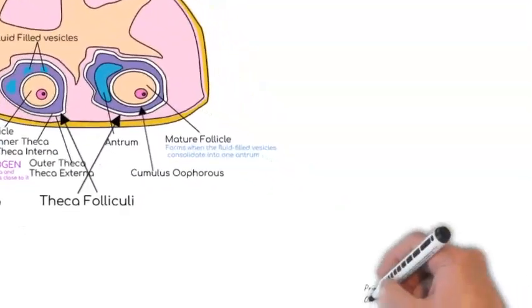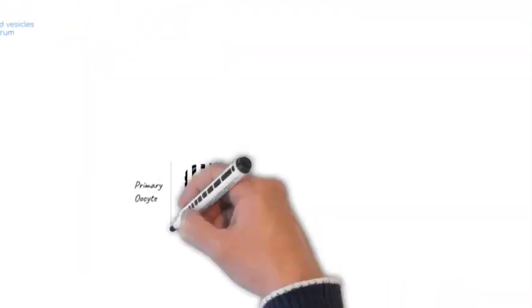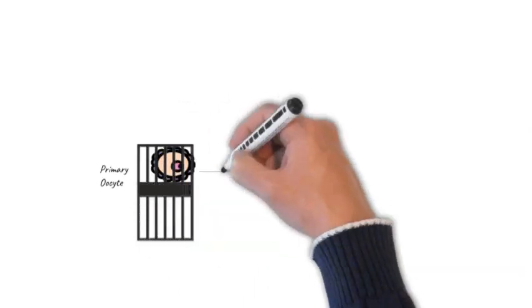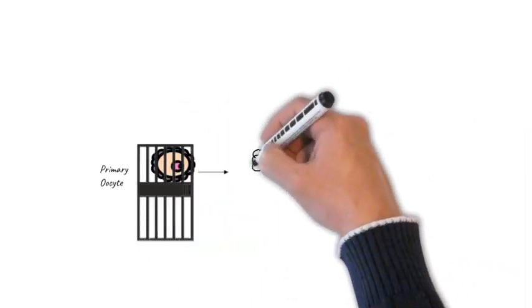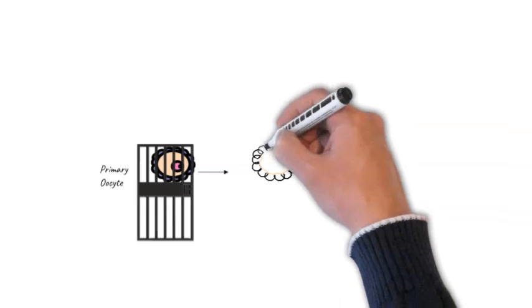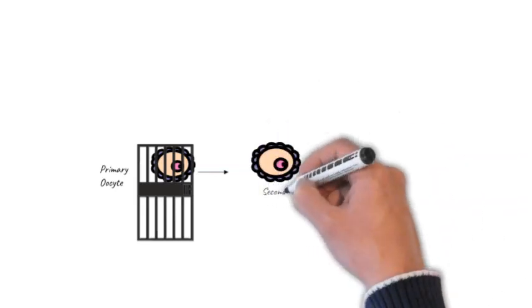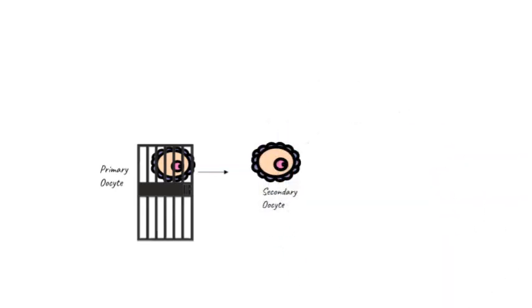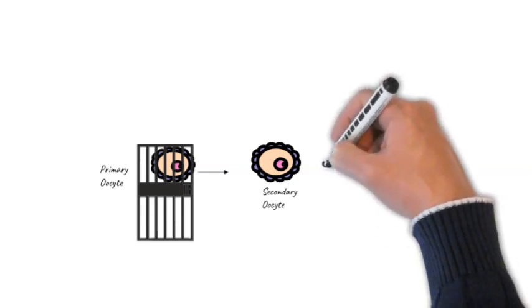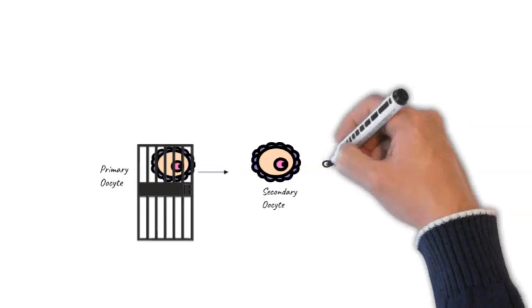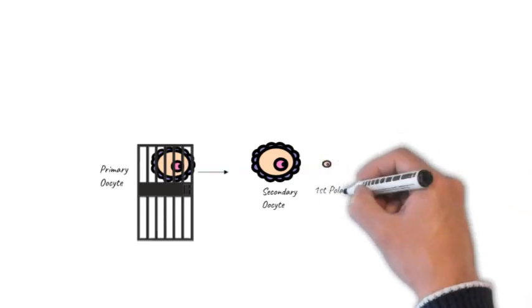So the primary oocyte will come out of its arrested state, and it will complete its first meiotic division. The first meiotic division gives 2 cells. So division, we're dividing them into 2. One has most of the cytoplasm, called the secondary oocyte, and another with very little cytoplasm, called the first polar body.